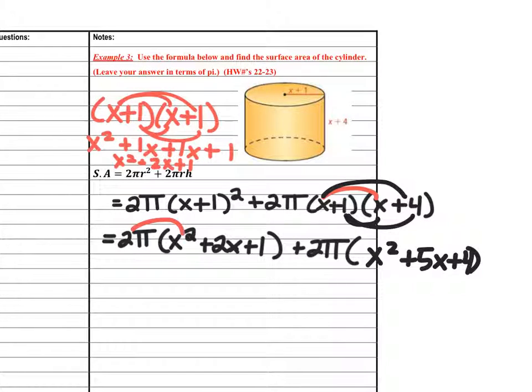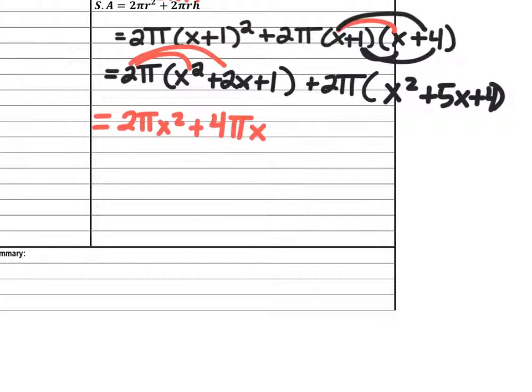So 2 pi times x squared is 2 pi x squared. 2 pi times 2x is 4 pi x, because we multiply the regular numbers. And then 2 pi times 1 is 2 pi.